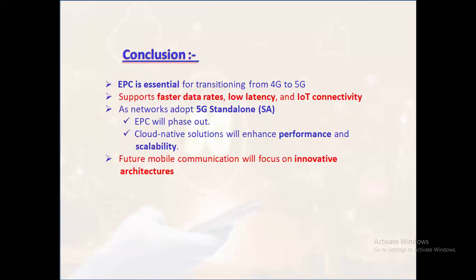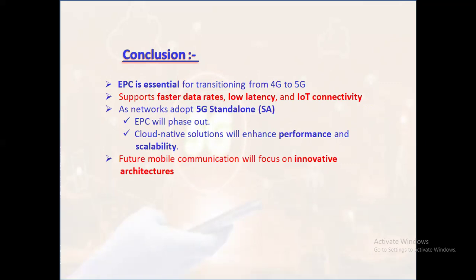And coming to the conclusion, the evolved packet core has been instrumental in facilitating the transition from 4G to 5G. As operators look to upgrade their infrastructure, EPC serves as a vital bridge, enabling the integration of 5G new radio technology with existing LTE systems.